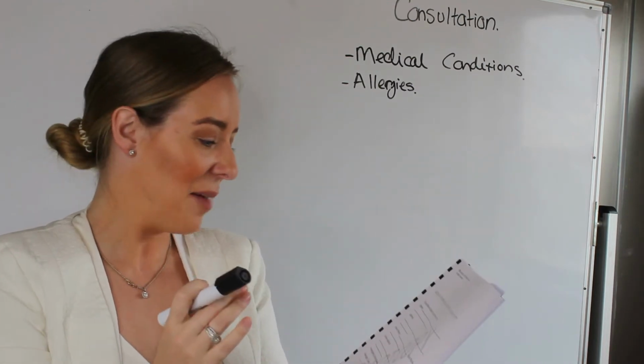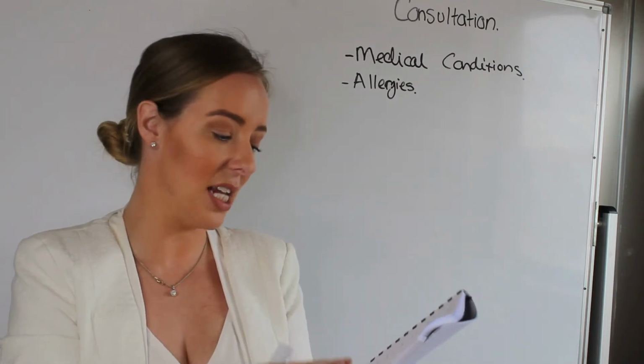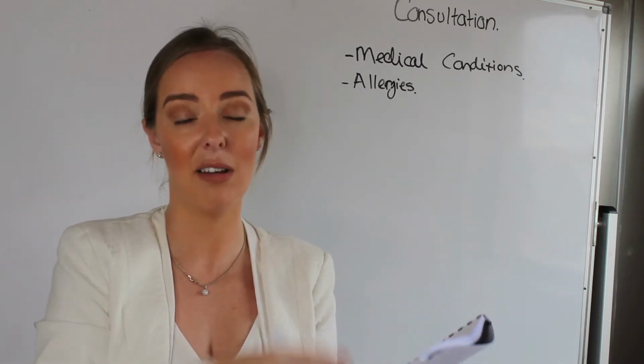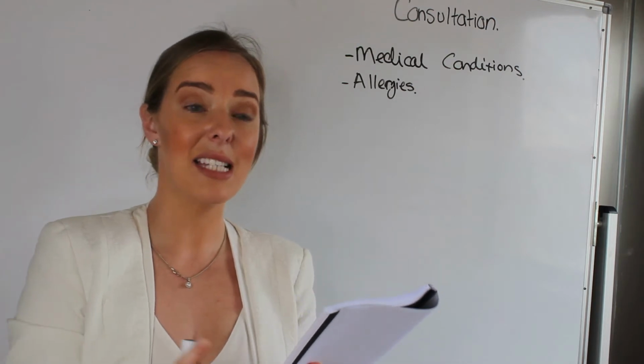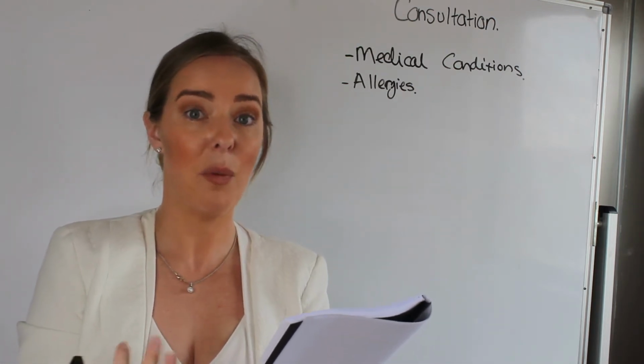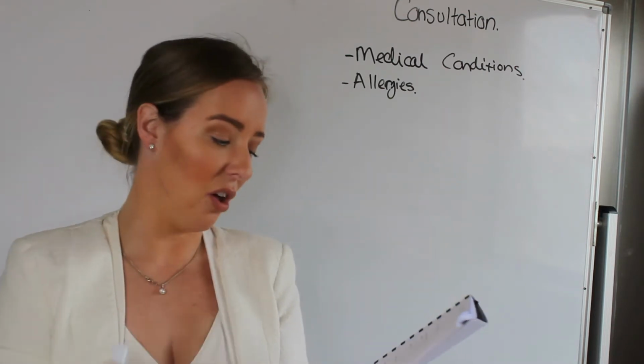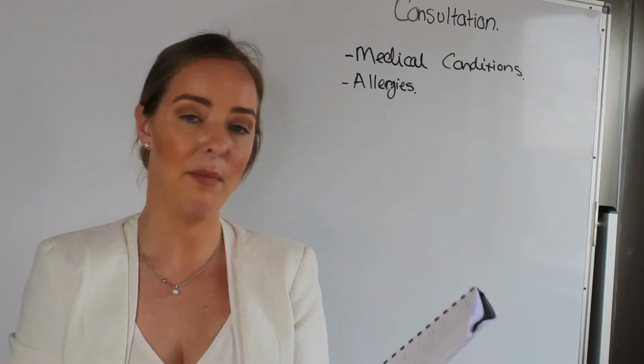Then emergency contact name. I would definitely have an emergency contact name or a next of kin, just in case anything happens during the procedure, or the client was supposed to show up for an appointment, hasn't come and you can't get hold of her, and you just wanted to check that she was okay. You've got the next of kin contact details there.